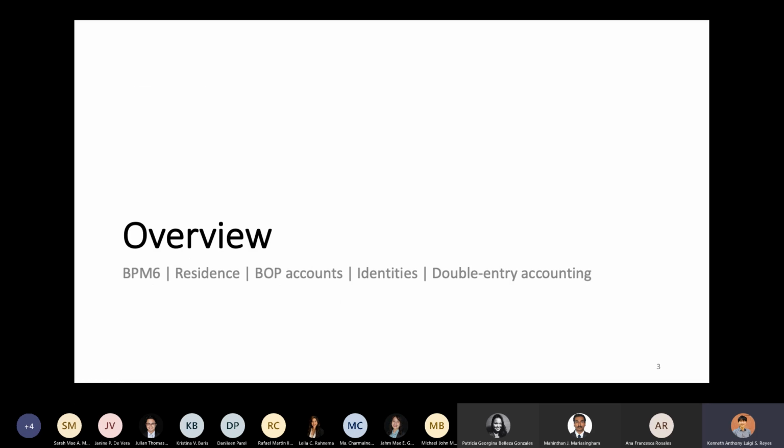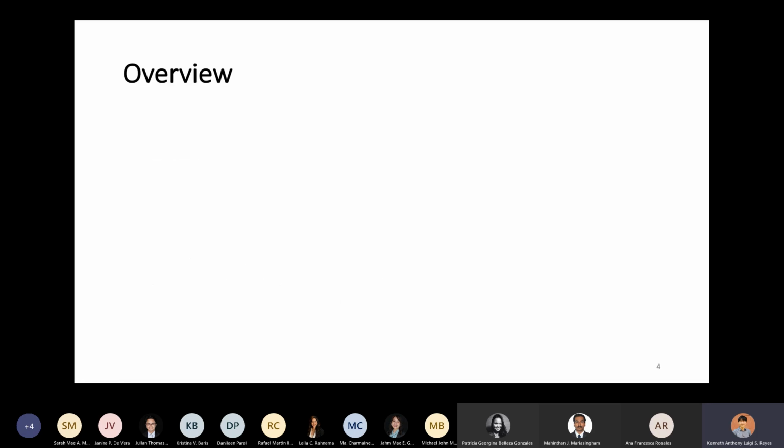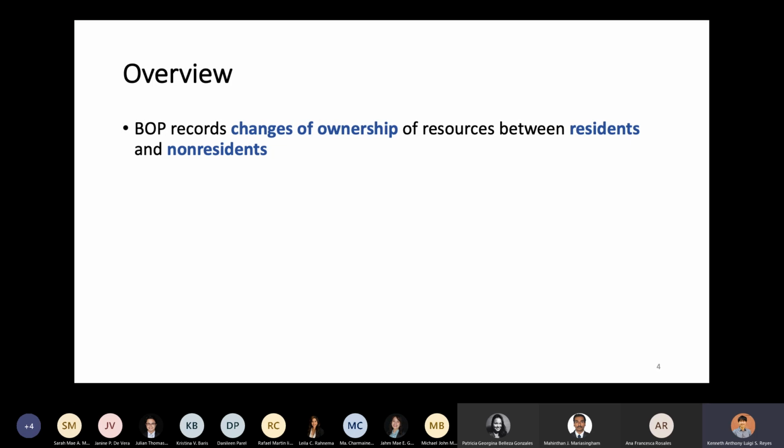This overview will discuss some key concepts about the balance of payments. The BOP records changes of ownership of resources between residents and non-residents. This really is the key criteria for whether a transaction gets included into the BOP: whether it's a transaction between residents and non-residents.